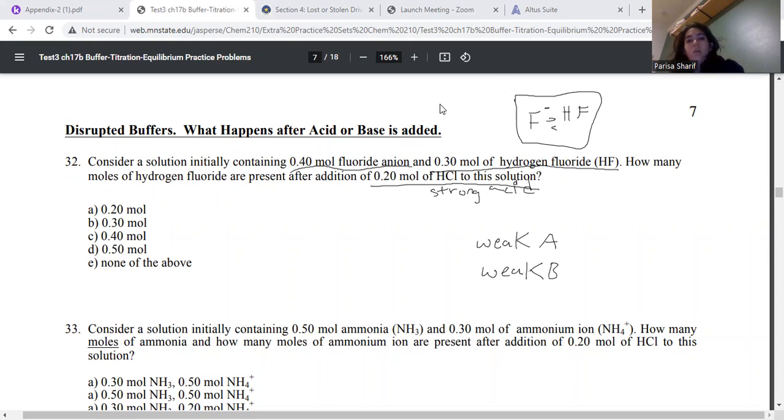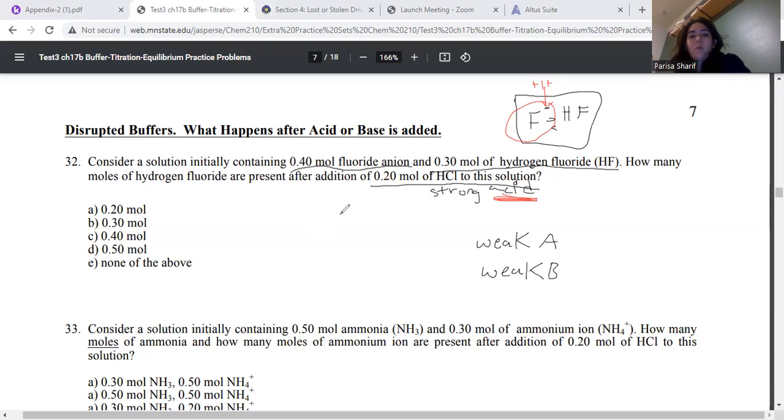In this case, we're adding a strong acid. So what you want to imagine is what matters. The Cl, it goes in as well, but it's not what matters. What matters is that we're adding something acidic. So the H plus is going to go in. H plus is going to react with the only thing it can react with. It's not going to react with the HF, but it will react with this fluoride anion.